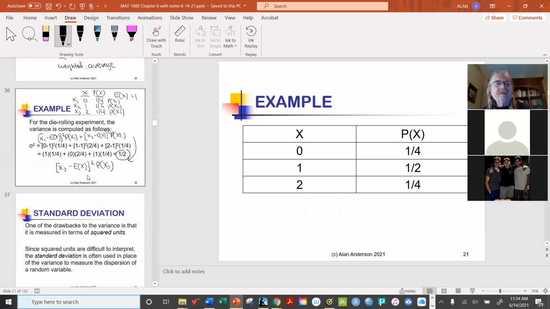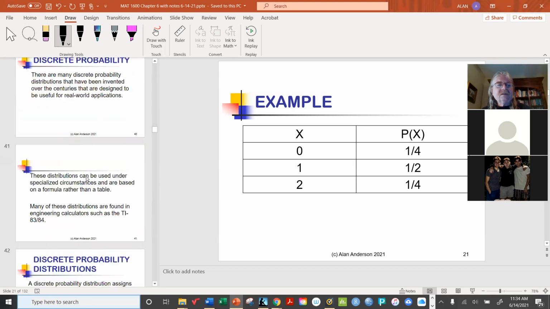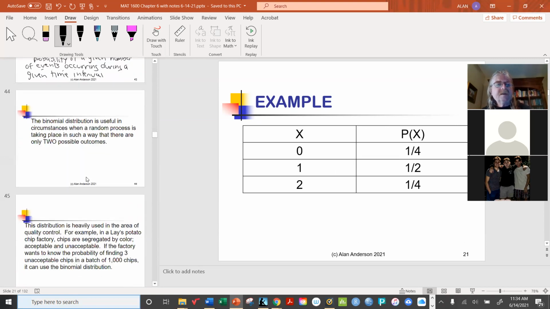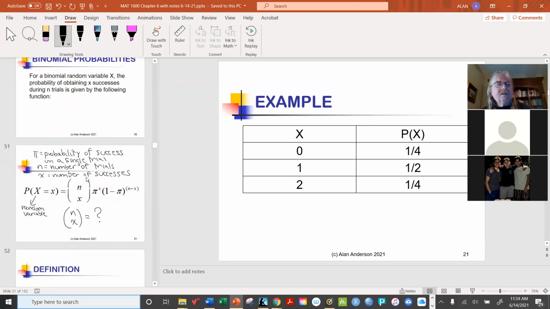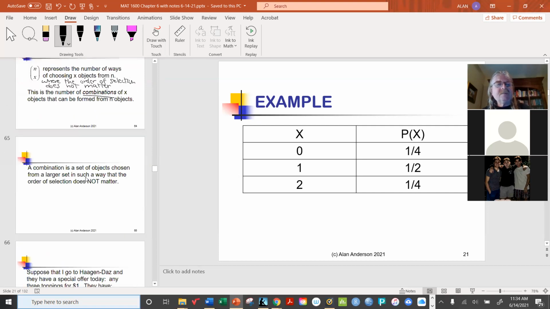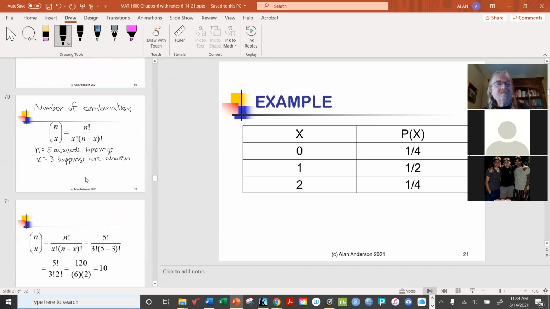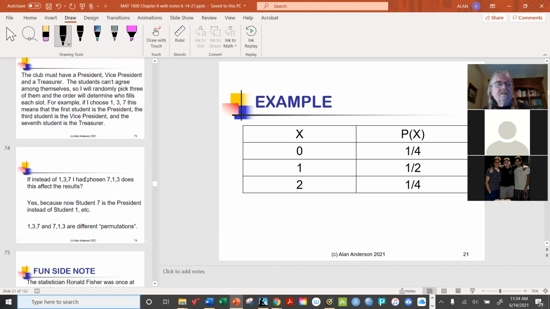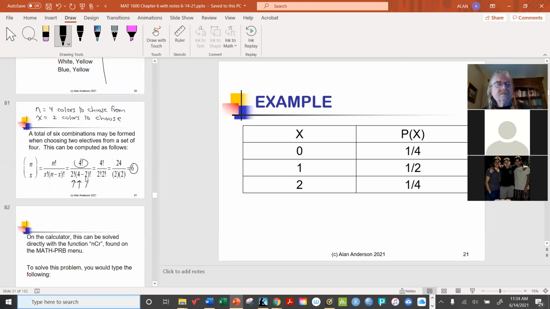Let me just copy this in here somewhere. We already know what to expect, but let's see how we can get these same numbers by using the formula.